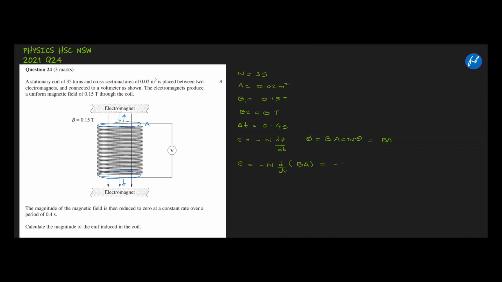So it will be equal to minus N into A into dB upon dt.